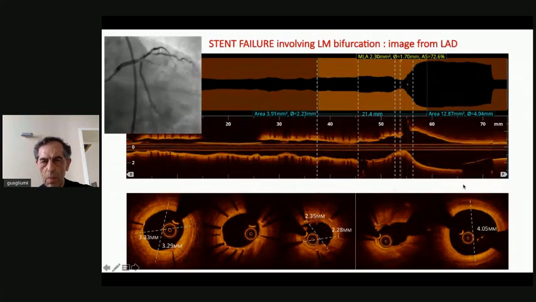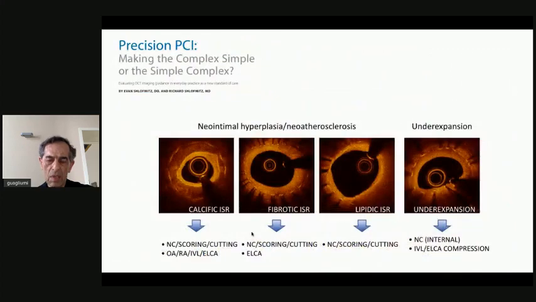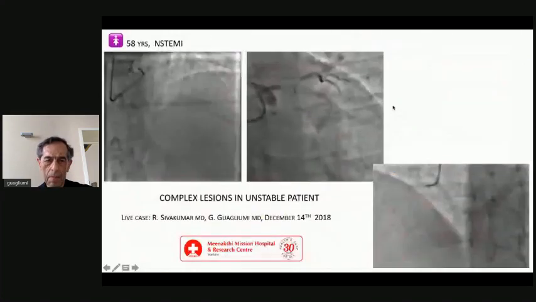This is the pullback showing how underexpanded this stent was at this level compared to the distal and proximal references. And this is from the circ, the same, plus a huge amount of growing tissue. Based upon this and the knowledge that we have on the type of tissue, we decided to take a different approach for re-expanding and finished the procedure this way with a very nice result.